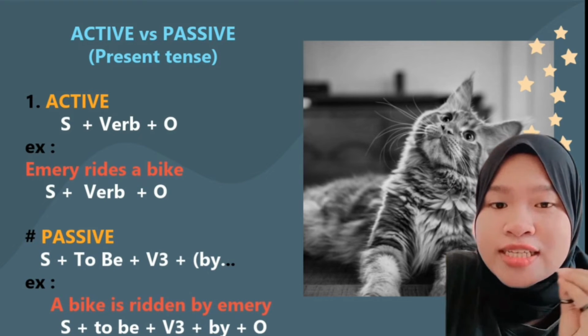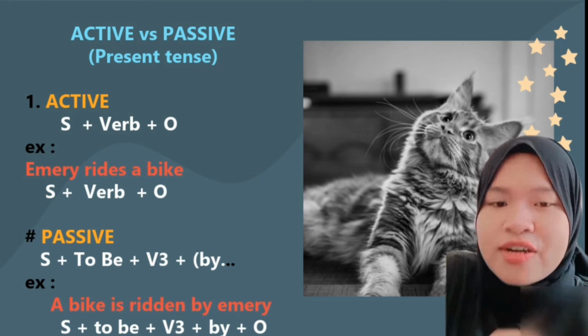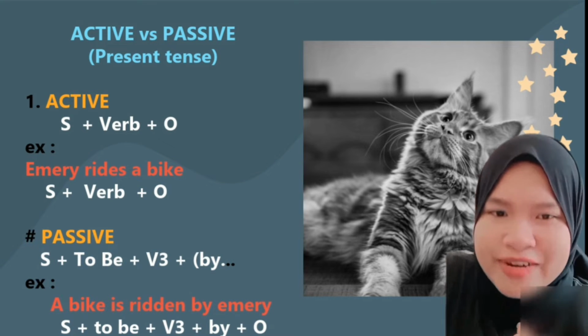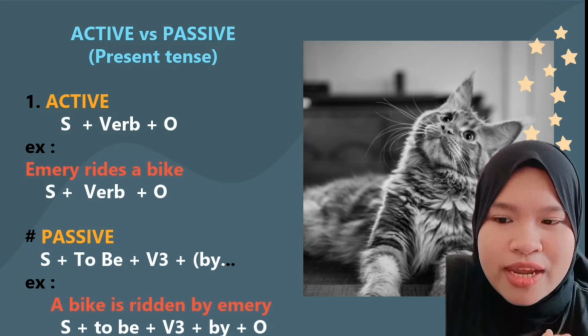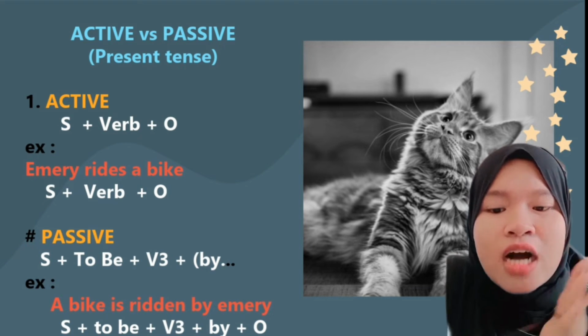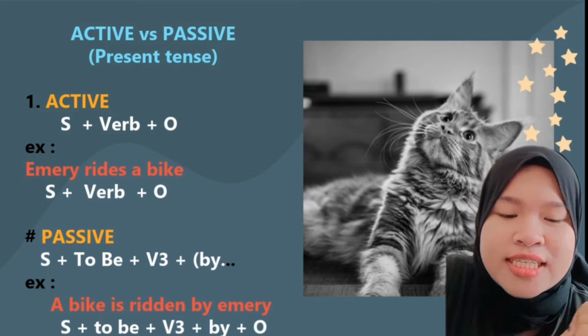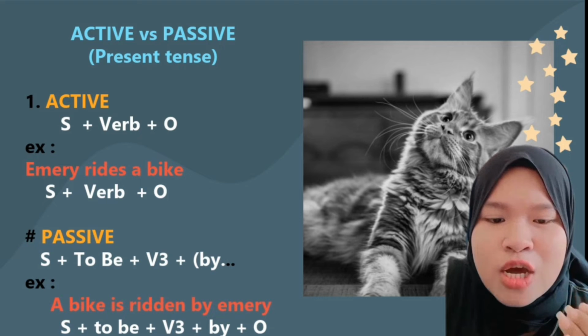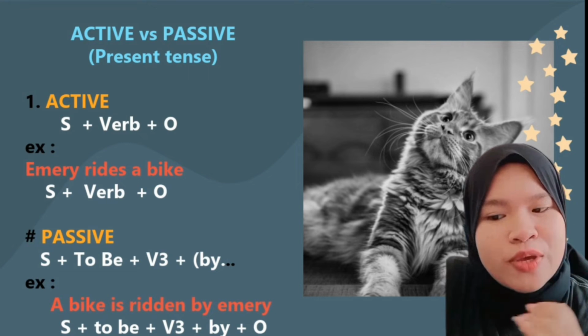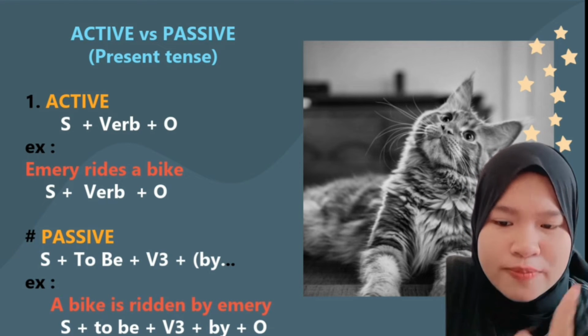Okay, next, we will discuss active sentence versus passive sentence in the simple present tense. For example, the sentence is "Emery rides a bike." The object in the active sentence is a bike. To change it into the passive sentence, we move a bike forward to become the subject.